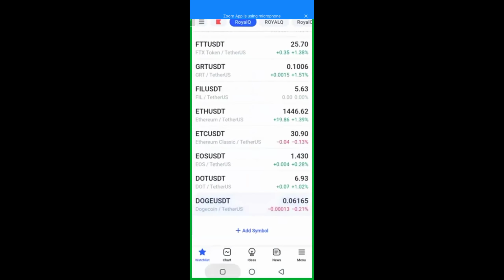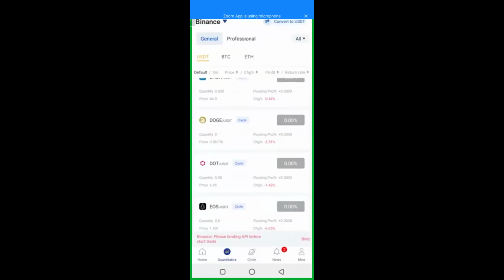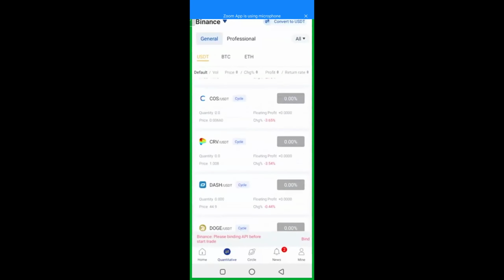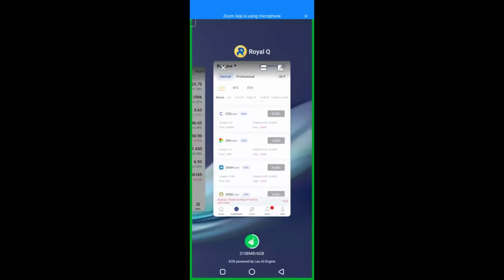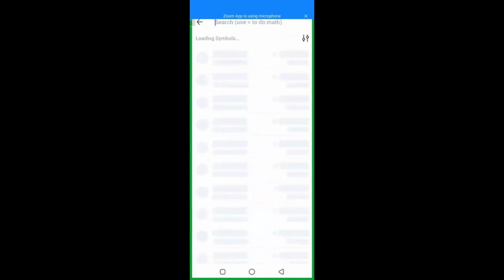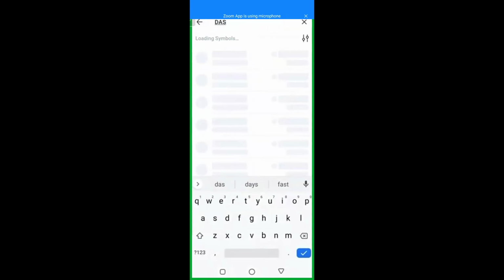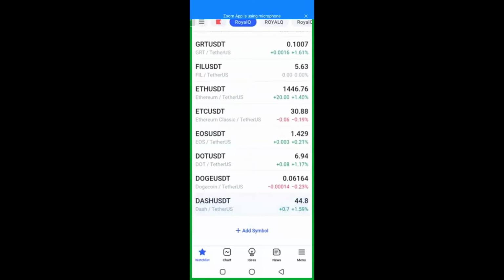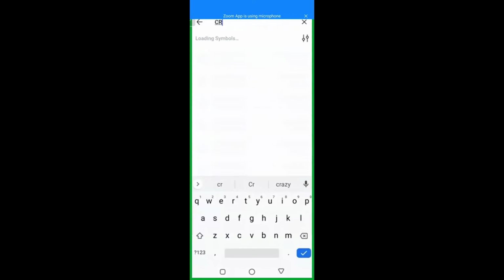Right. Okay, now we are moving. We have Dash, CRV, and CHZ. We have Dash USDT. We have CRV USDT.